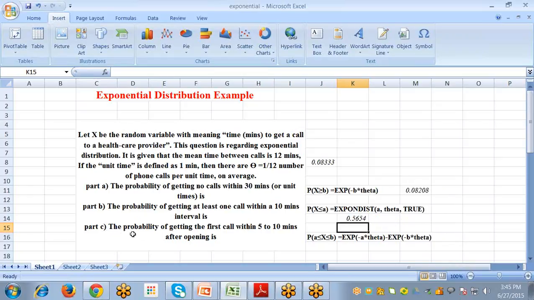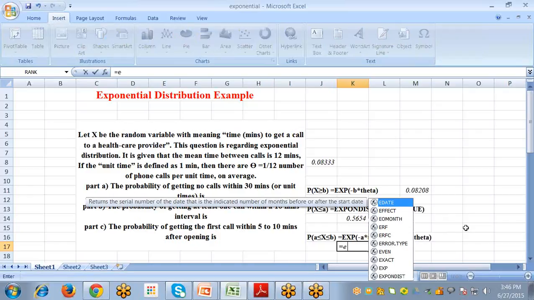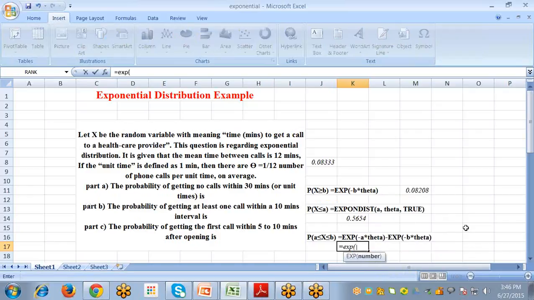And then the last question is the probability of getting the first call within 5 to 10 minutes. So the value of x lies between 5 and 10. So this function is used to calculate the exponential distribution. Select the cell, select the function, and minus a. So we calculate from the bigger value to the lower value.